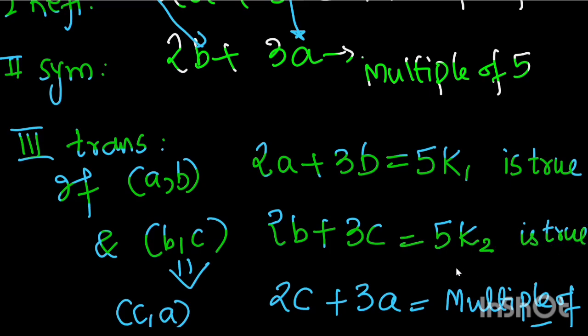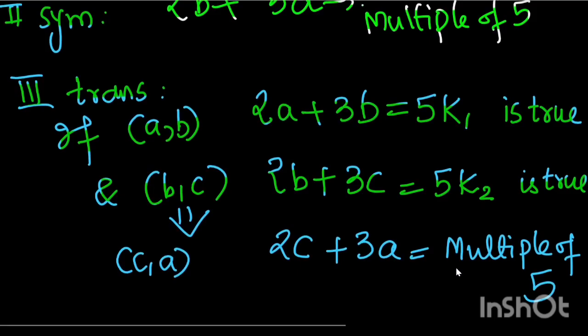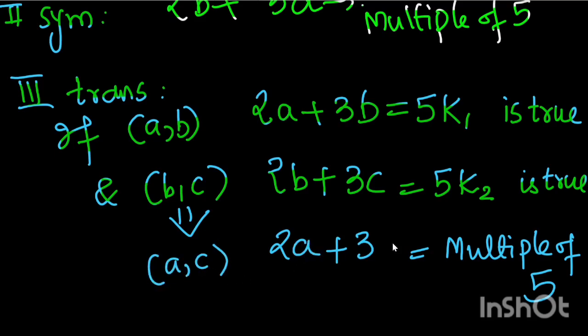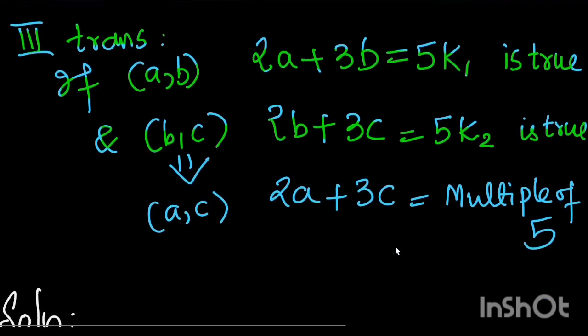Let's say if these two are true, then we have to prove that (a, c), 2a plus 3c, is a multiple of 5. That we have to prove.